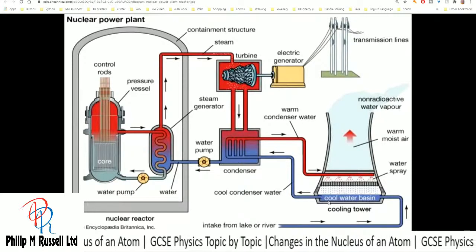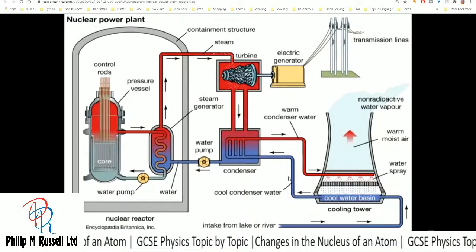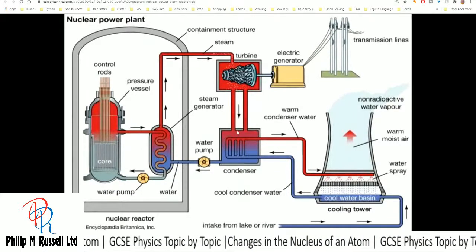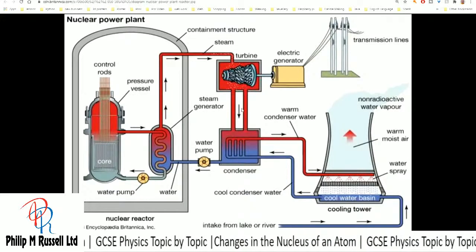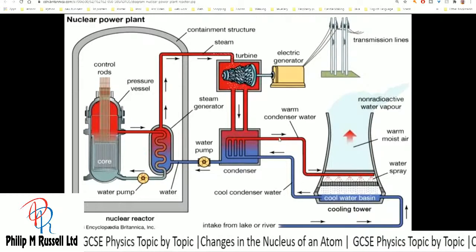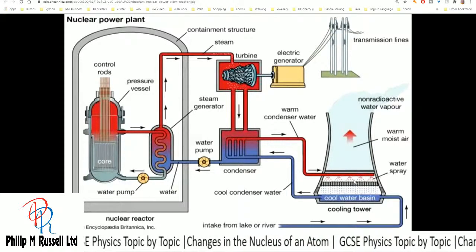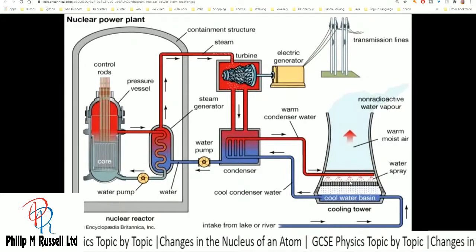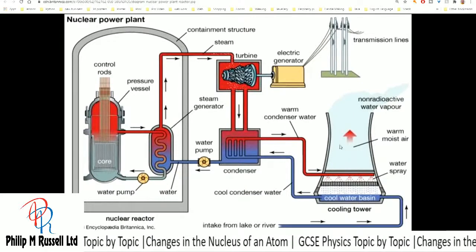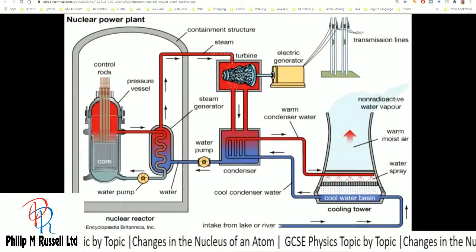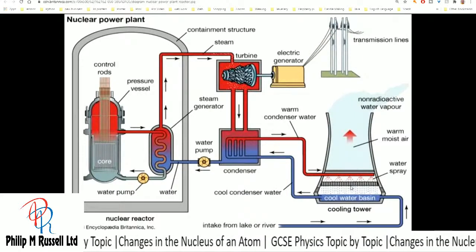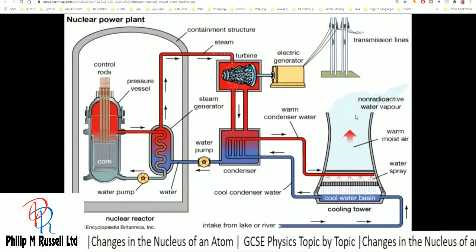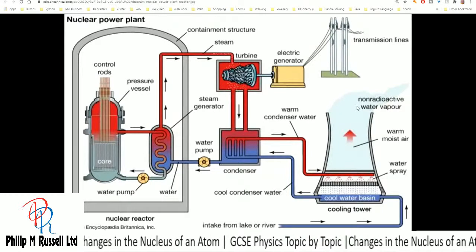We put this in the bottom of a cooling tower, and then this water goes into a condenser here, and that's cooling this water that's going into the reactor, and that water here is then sprayed, well, it's just sprayed really in this little chimney to allow it to basically cool down, and then it can be pumped round again and again and again, and we get some non-radioactive water vapour evaporating.